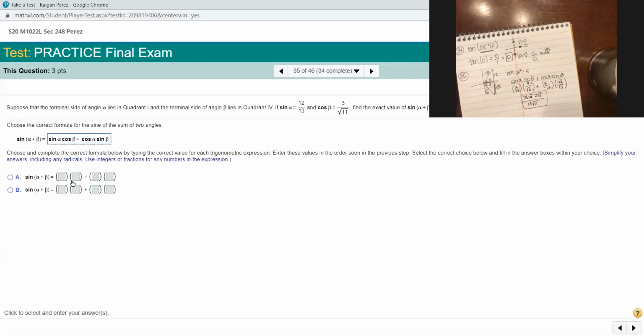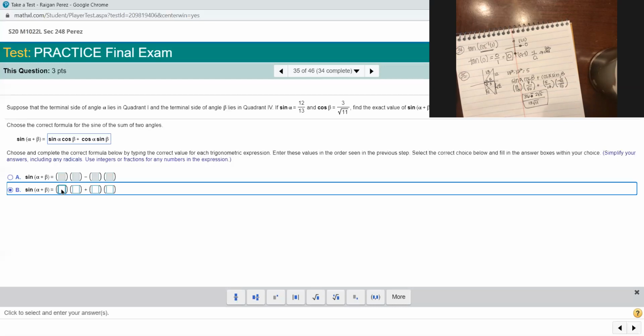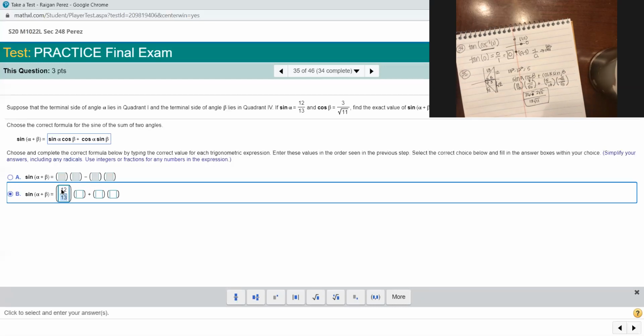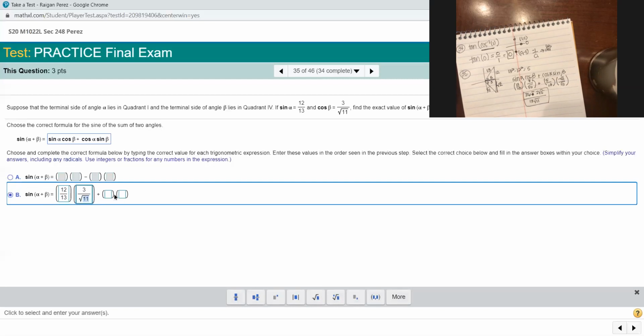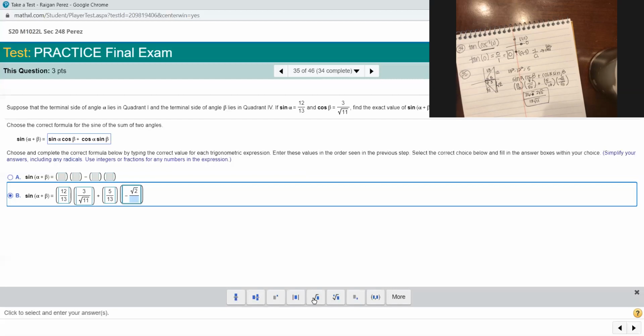So, oh, they can't ask for that. Sorry, guys, I want the extra step. So we want this one, and you literally just got to plug them in. 12 divided by 13, and 3 divided by the square root of 11, plus 5 divided by 13, and negative square root of 2 divided by square root of 11.